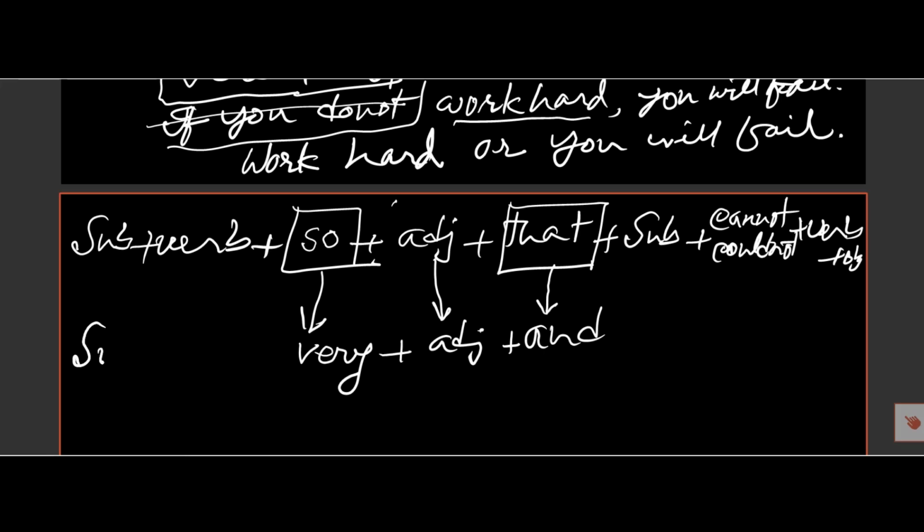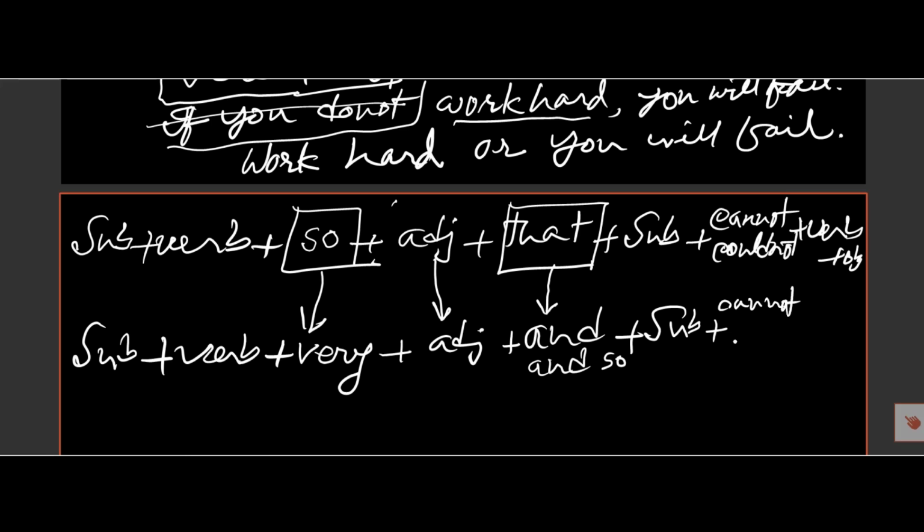So the structure is subject plus verb plus very plus adjective plus and. If the subject is the same, we can also write and so, so we can write and so or and. Then subject, then cannot or could not, then verb plus object, the other parts. So full stop.